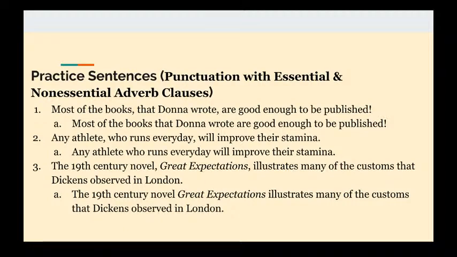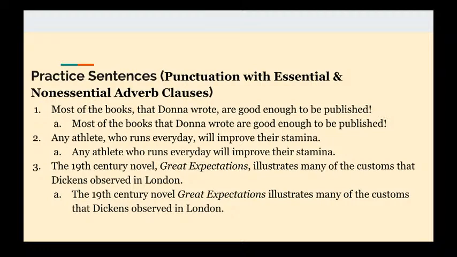If we remove it, we would read, most of the books are good enough to be published. That is a drastically different meaning from the first sentence, so we know that the phrase that Donna wrote is essential. We would just get rid of the commas and have, most of the books that Donna wrote are good enough to be published.